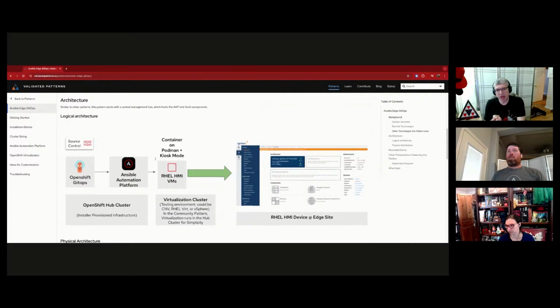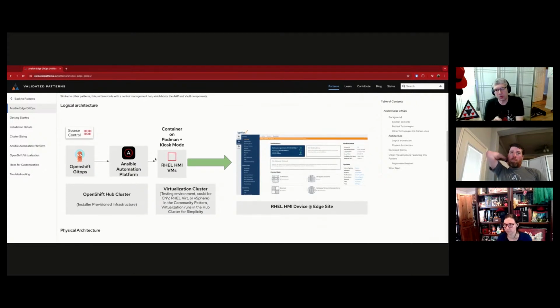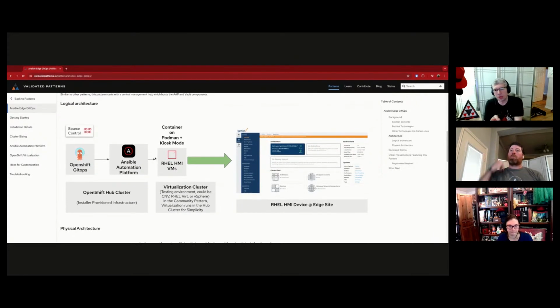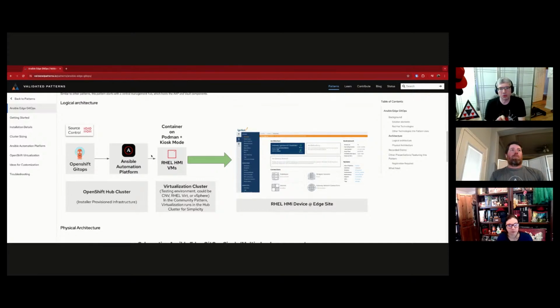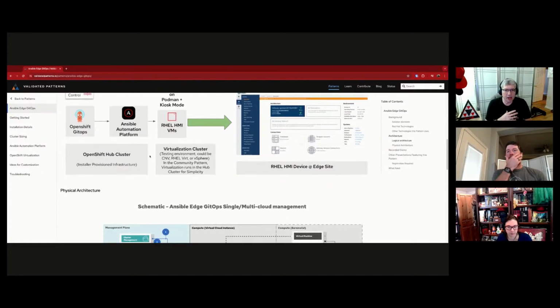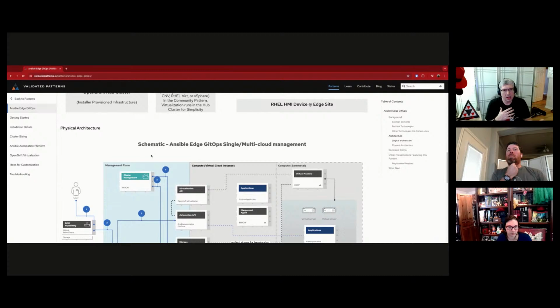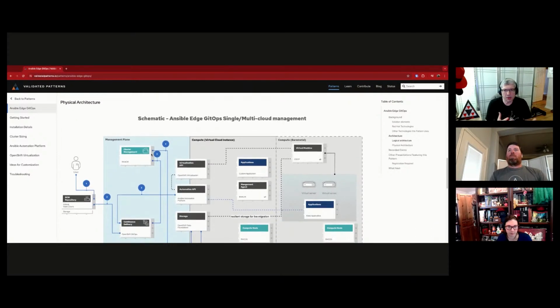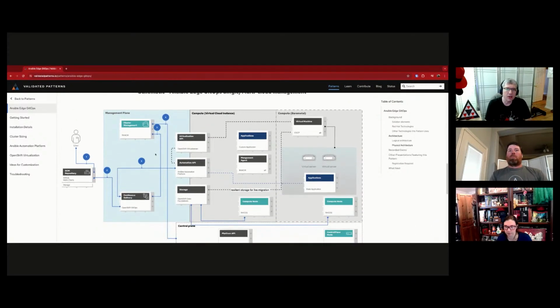It includes Ansible Automation Platform, RHEL VMs, ODF for data storage, and virtualization. We had to solve a number of really tricky problems inside the framework to make it handle the ability to load Ansible content as part of the pattern.